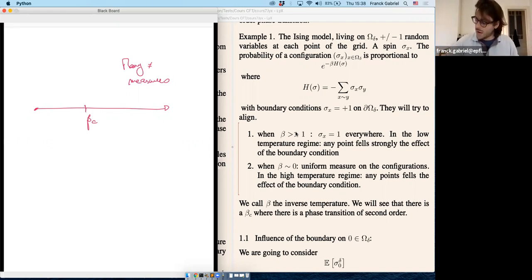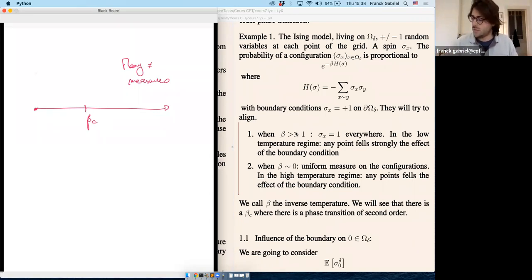Now, if I am below beta c, then in some sense I don't feel the boundary. And of course, since the boundary is going larger and larger, I feel it even less. And so I will have only one measure, which will not be very interesting.